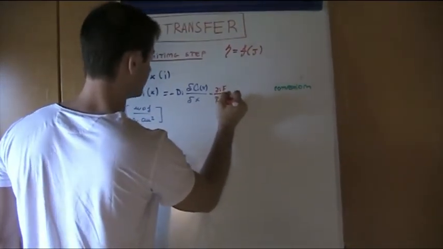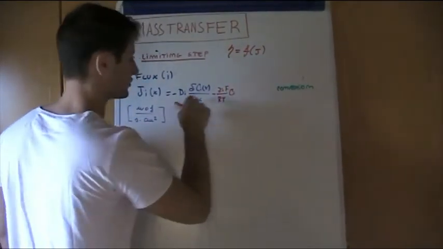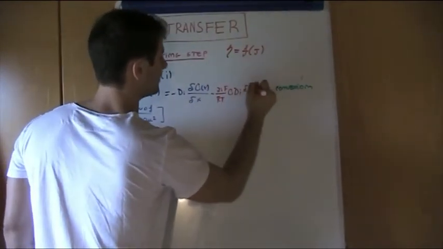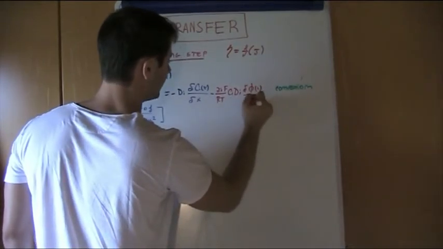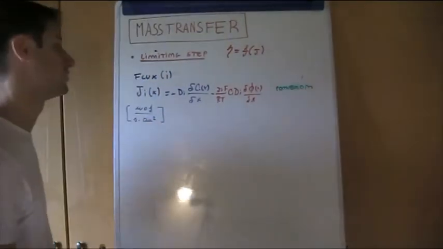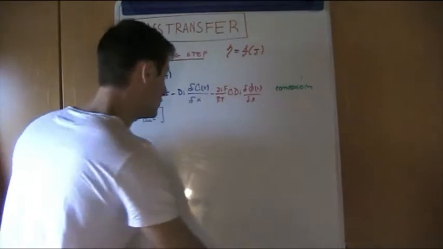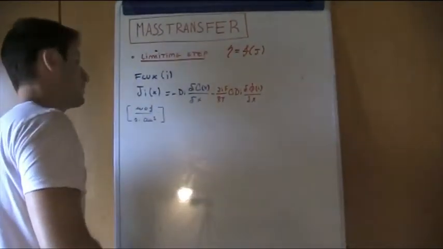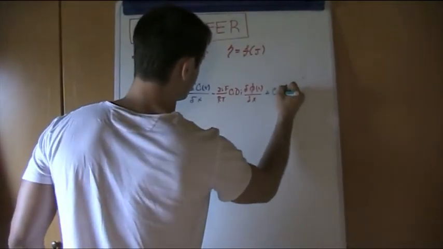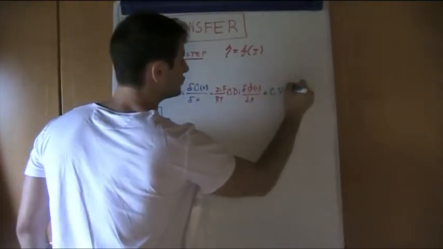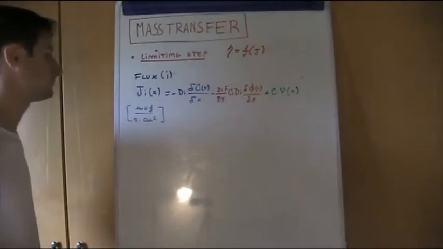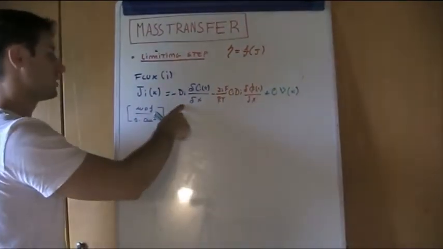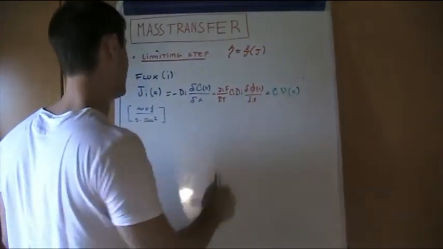Here we have RT, the concentration in bulk, the diffusion coefficient, and the potential gradient, reflecting the presence of different charges on the surface of the electrode. And then we have the convection, a contribution equal to the concentration in the bulk times the intrinsic speed of the fluid. So now we have these three contributions: the diffusion, the migration, and the convection.